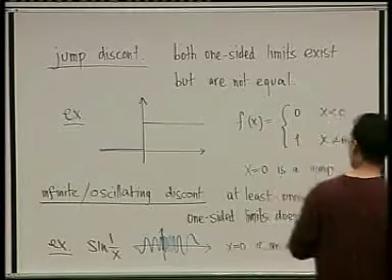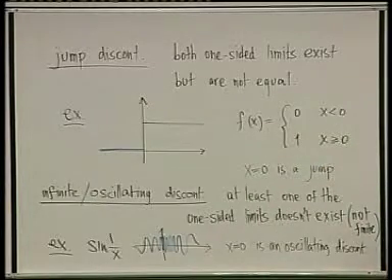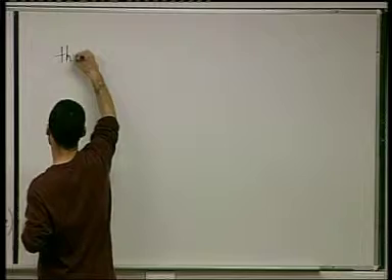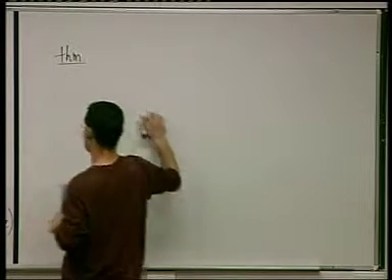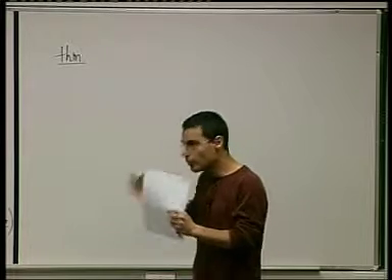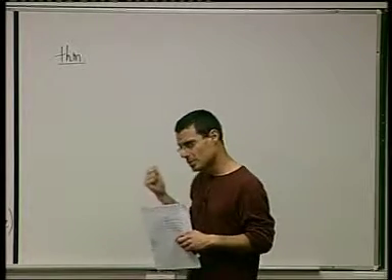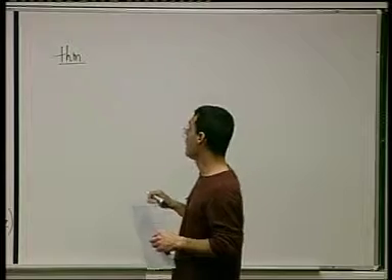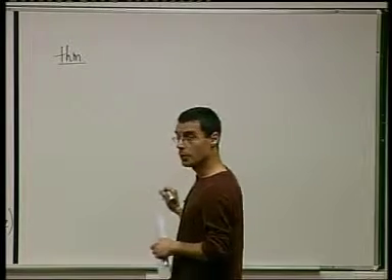I want to quote a theorem. I'm not going to prove it. It's not a very easy theorem to prove. It's not just working closely with the definitions. There's a bit more to it. But I want to quote it.